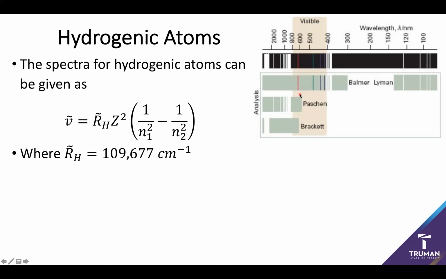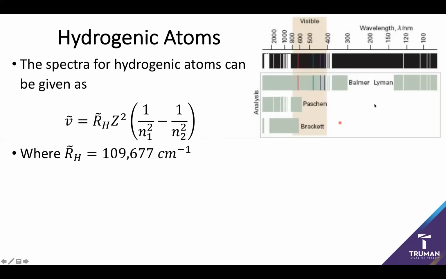And again, as commented previously, the hydrogen absorption spectra that is often most relevant to us is what's called the Balmer series, where we excite from the n equals 2 state to the n equals 3, 4, 5, and 6. One of the reasons these are the most popular is because these end up in the visible spectra.